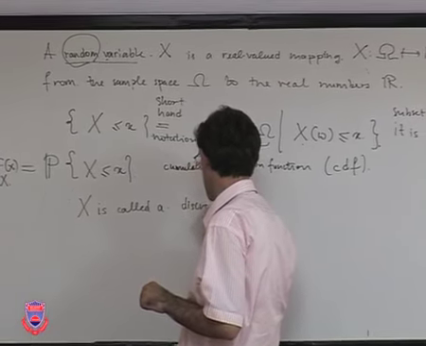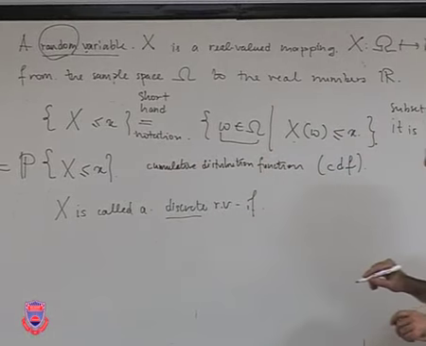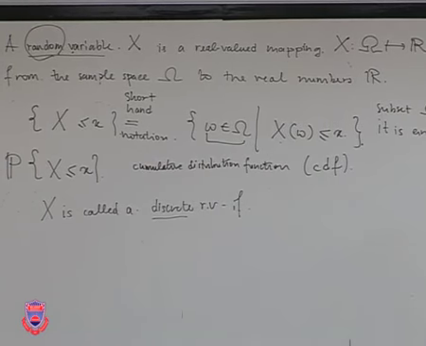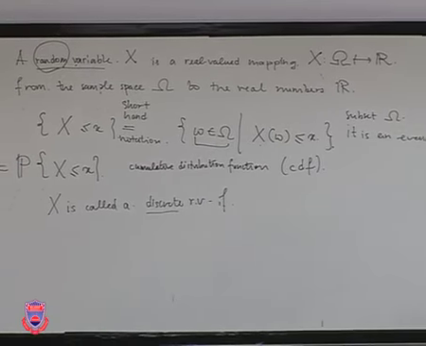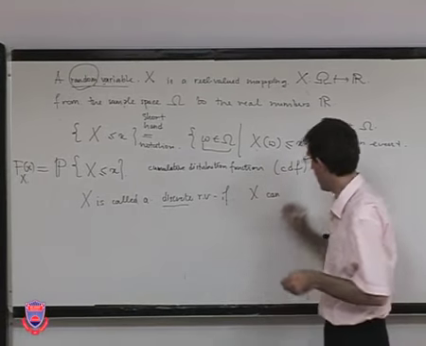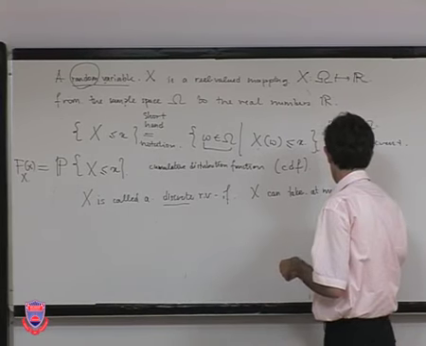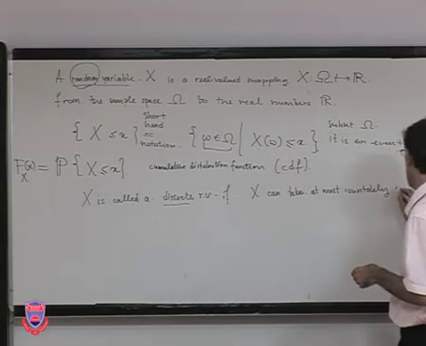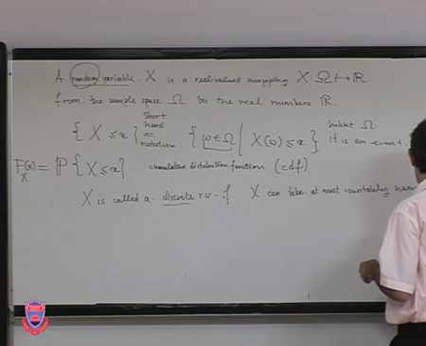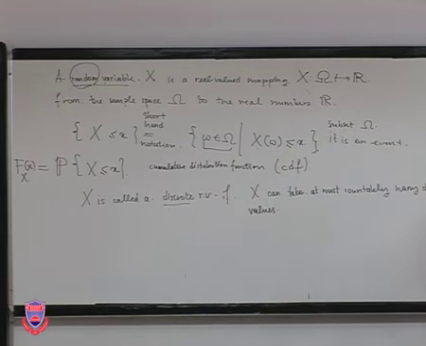A discrete random variable, if X can take at most countably many different distinct values with positive probability.